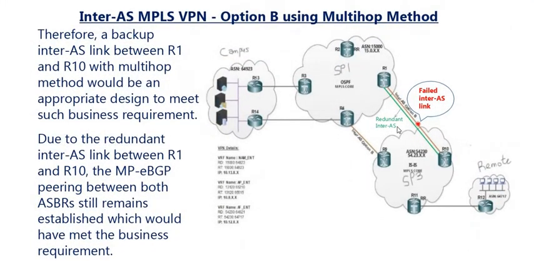That is why we have to consider a redundant inter-AS path, which is the protection for this particular link that could fail, but it doesn't expose this path to a single point of failure as in the other case. And in this regard, this design then can be said to have met the business requirement because of this particular indication of protection from a single point of failure.